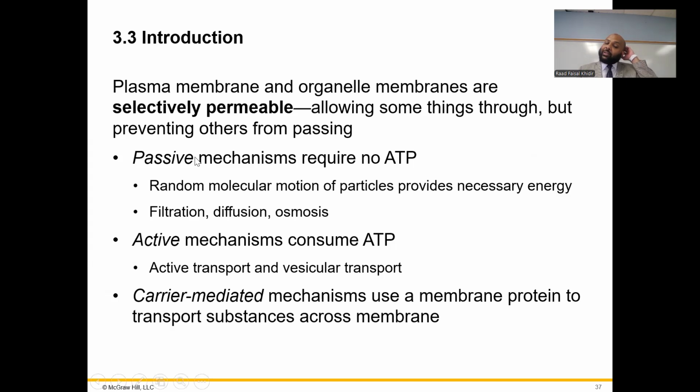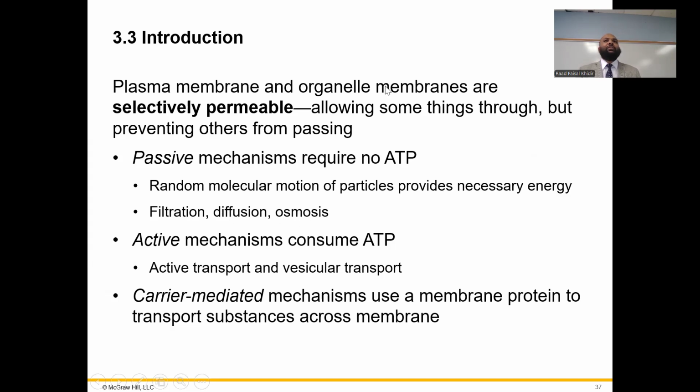Now let's talk about passive mechanisms that require no ATP. A passive mechanism does not require energy in the form of ATP, but obviously it does require energy in other forms, like the energy in the random molecular motion of the particles, known as kinetic energy, and energy for filtration, diffusion, and osmosis.